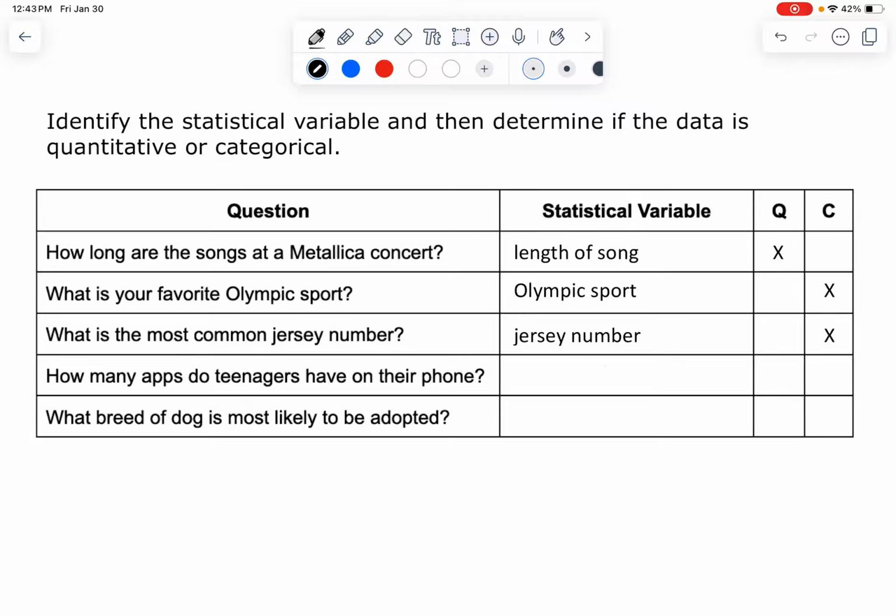Your variable here would be the number of apps, and you would collect data on that. Okay. What breed of dog is most likely to be adopted? So your variable would be the breed of dog, and that is a category. So I hope that makes some sense.